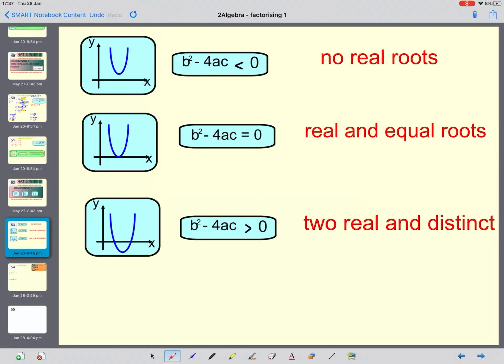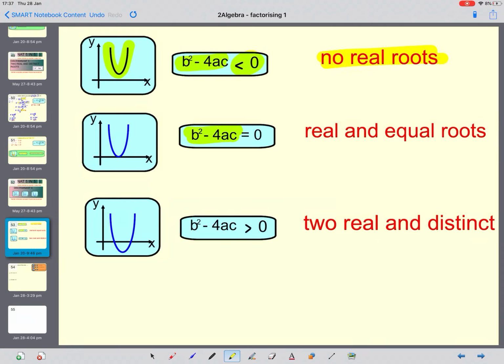So from the 3 previous lessons, we now know these things that I've just put in front of your screen: if the discriminant, b squared minus 4ac, is less than 0, then it doesn't cut the x-axis and there are no real roots.